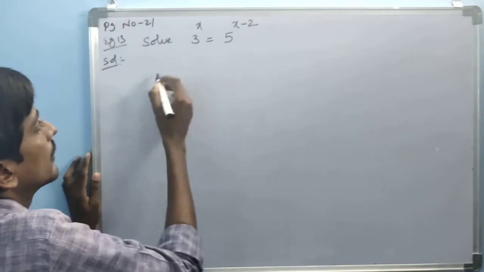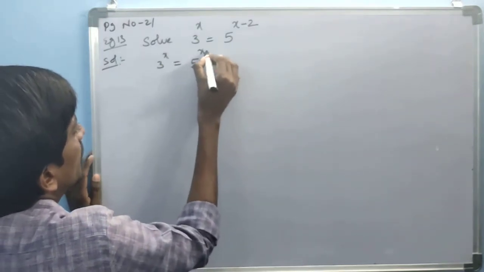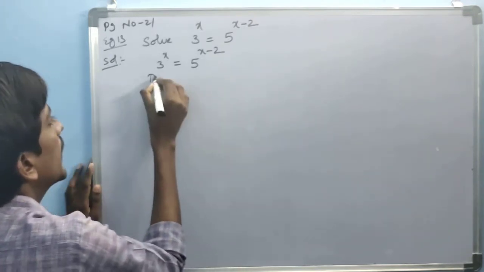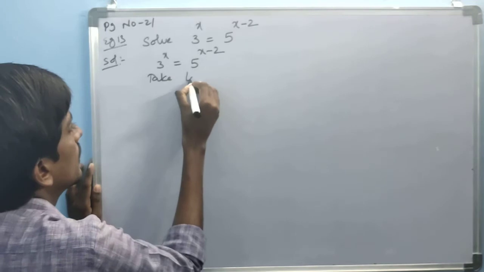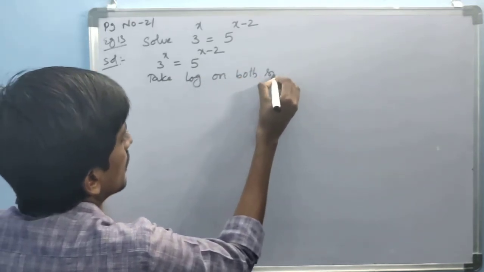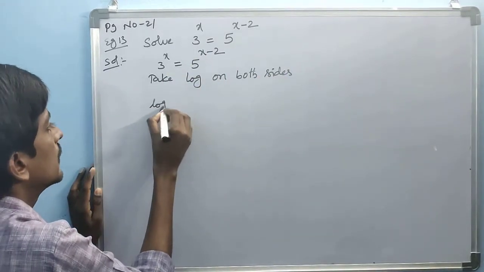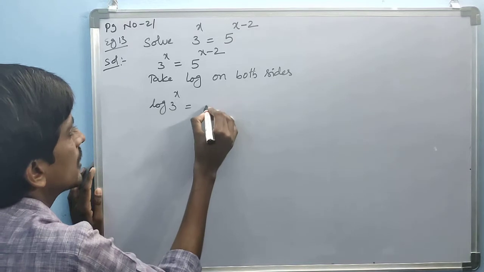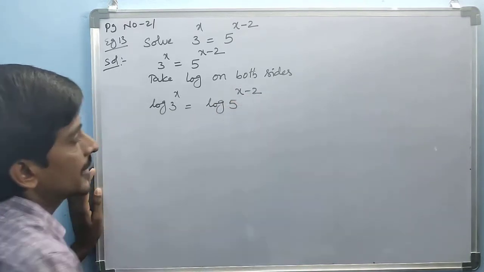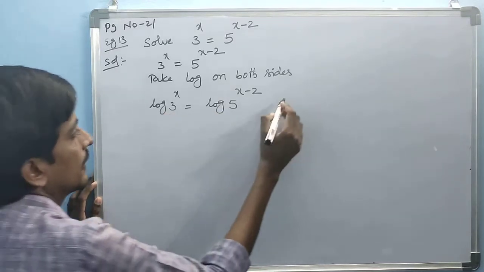Okay. 3 to the power of x equals 5 to the power of x minus 2 is given. Take logarithm on both sides. Take log on both sides. Log 3 to the power of x equals log 5 to the power of x minus 2. Which formula is this?